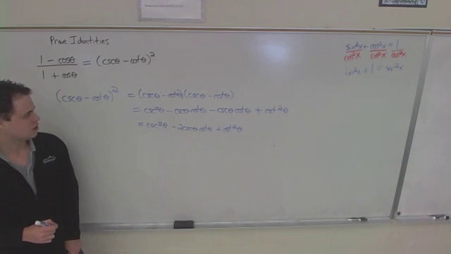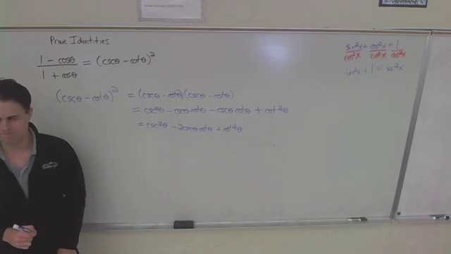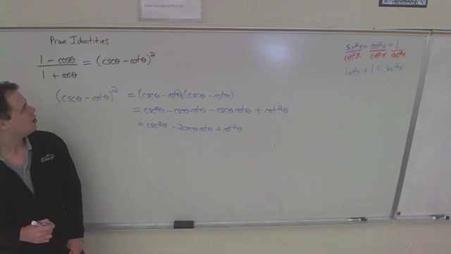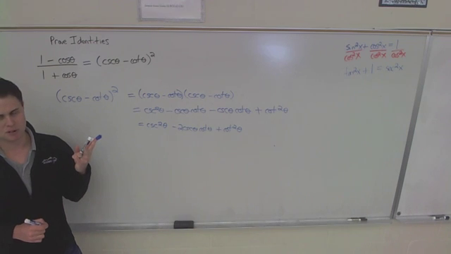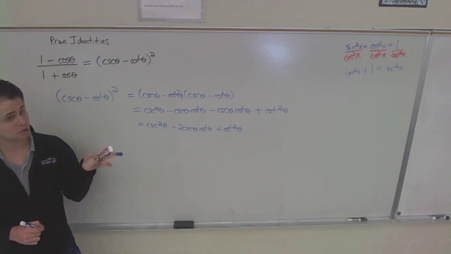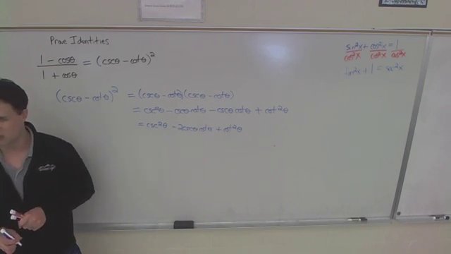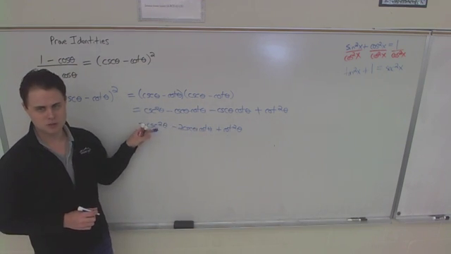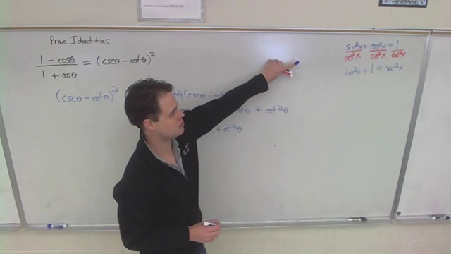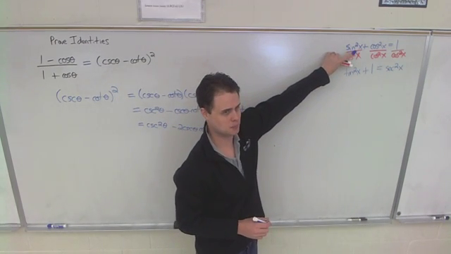Let's see. This has fractions in it. I see 2 things we could probably do. We could either start to try to use reciprocals. I think I'm going to do that. This also has squareds in it.